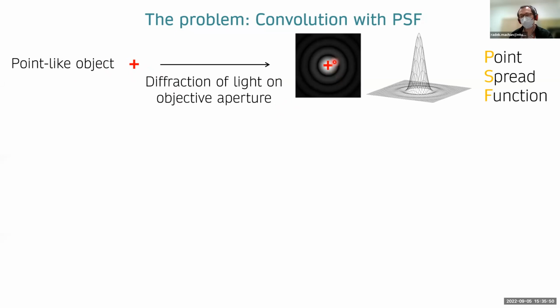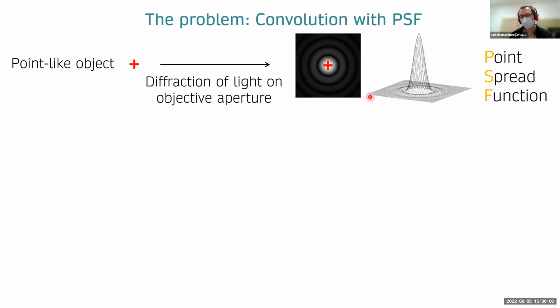It has some finite dimensions, and it can be theoretically described by a distribution of light, called the Airy function.